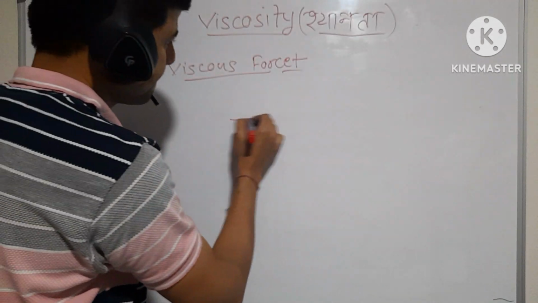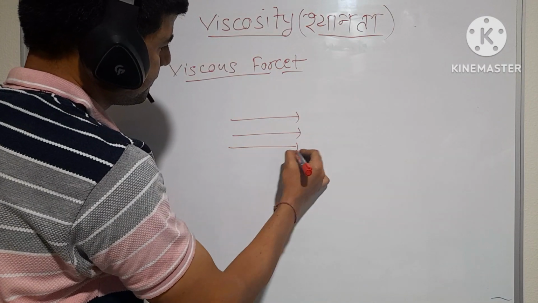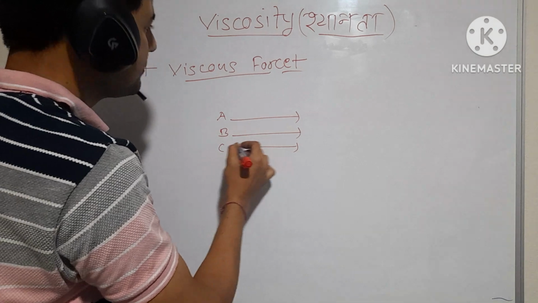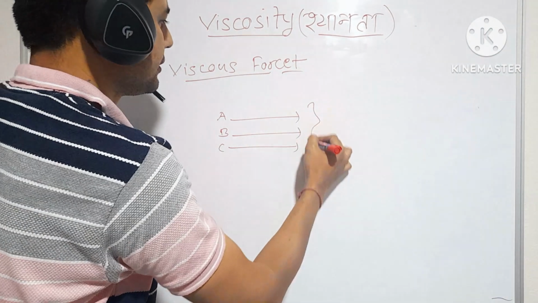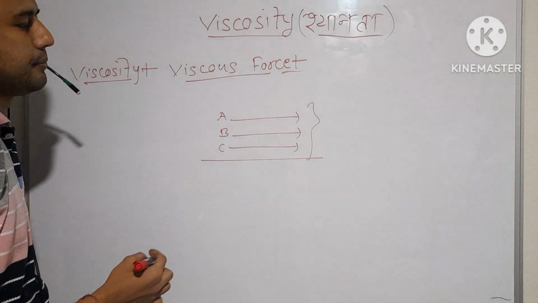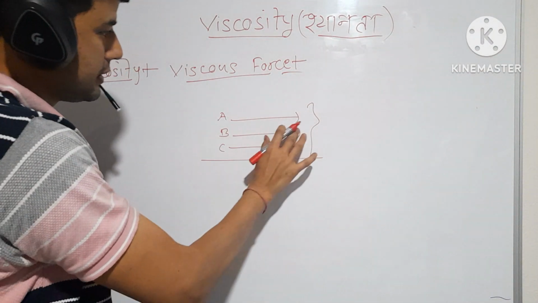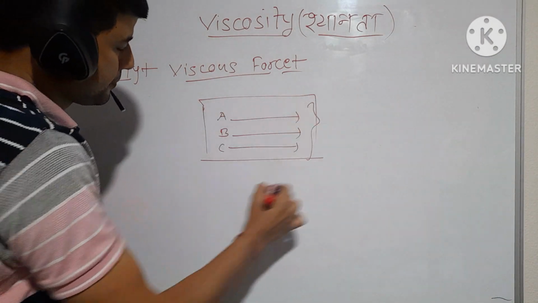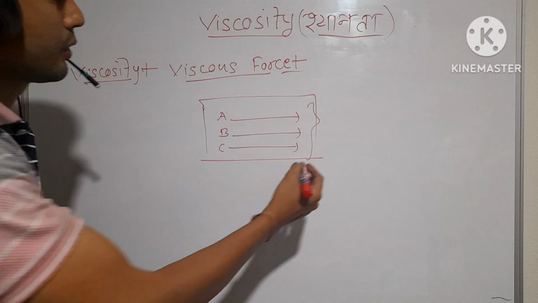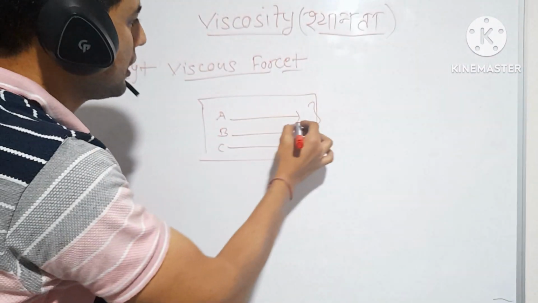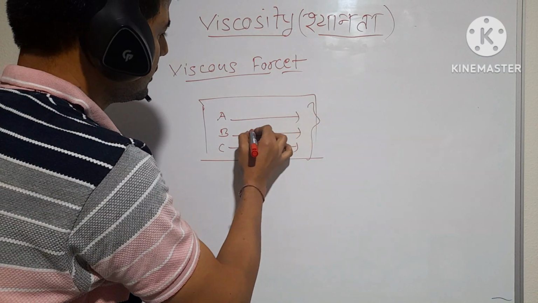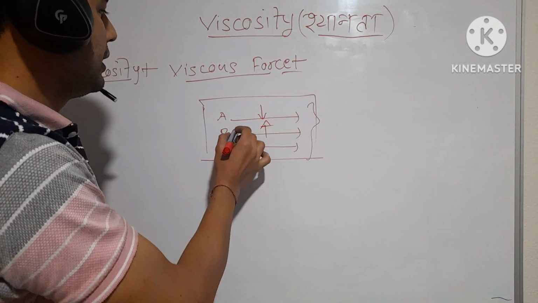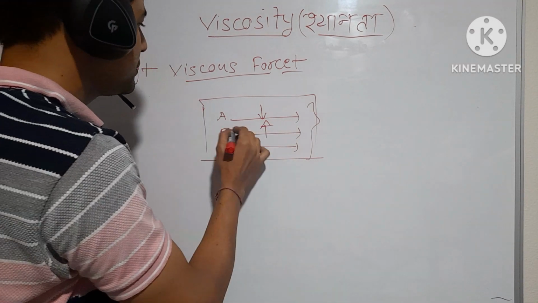Suppose that A, B and C are layers of the same medium, water. One layer is this, another layer is this, another layer is this. So B layer opposes A layer.